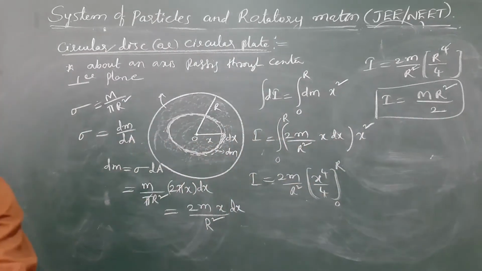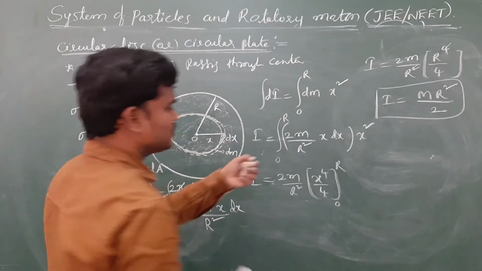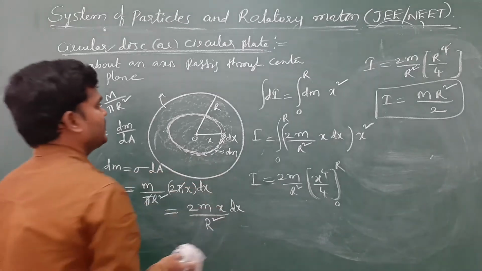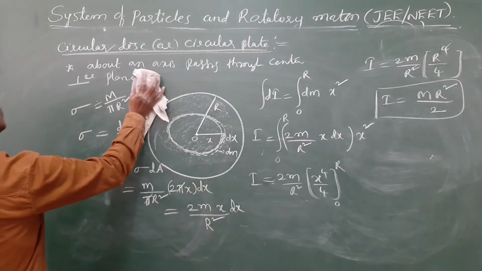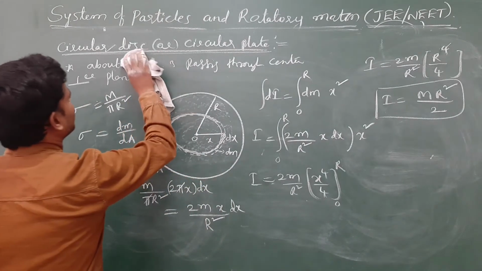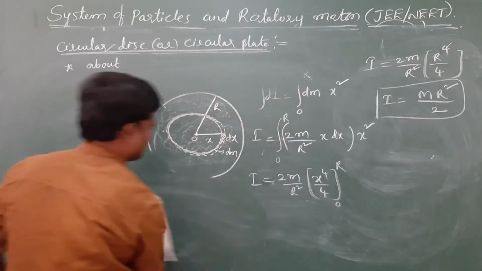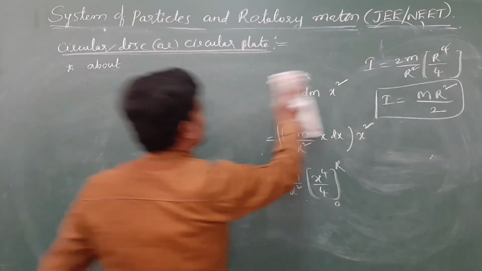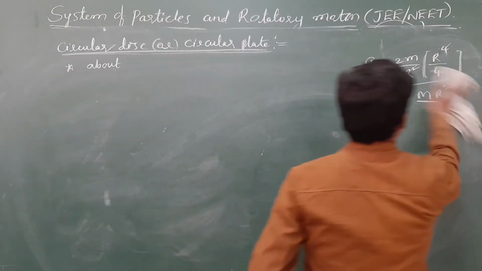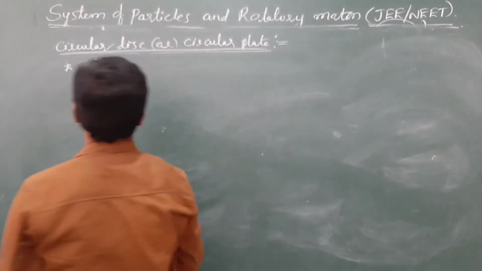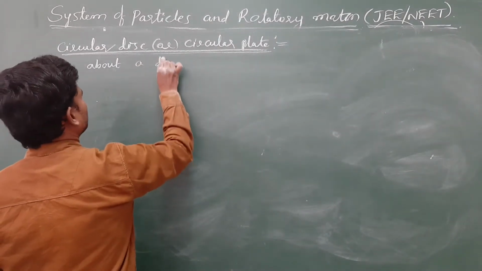See, this is the axis passing through the center perpendicular to the plane of the disk. Let me find it about a diameter. So the second one is about an axis, or otherwise about a diameter. A diameter means there are two diametrical lines.